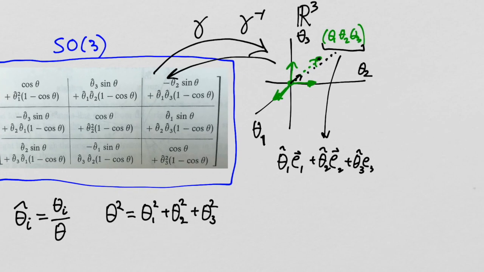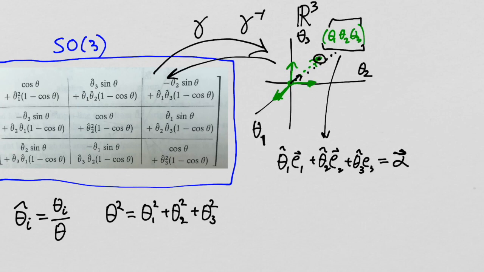These three together add up to a vector which, to stay consistent with Gilmore, we're going to call the vector alpha. That will be a unit vector in the direction of the point that has coordinates theta 1, theta 2, and theta 3.